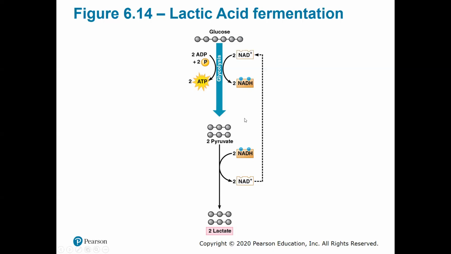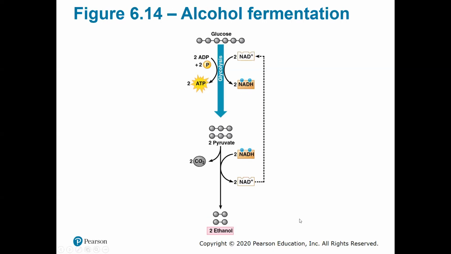It's not being sent anywhere else. So instead of producing 2 pyruvate, 2 lactate are produced. Same thing for alcohol fermentation. The NADH is used when no oxygen is available to convert the pyruvate into ethanol, which can be used by the cell.